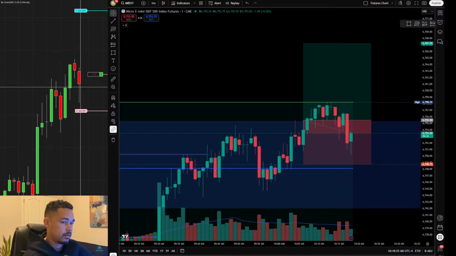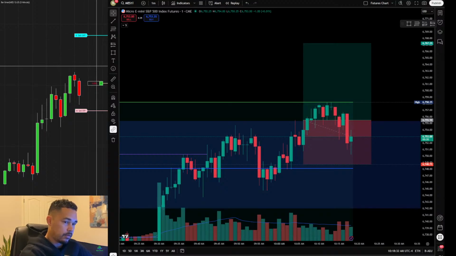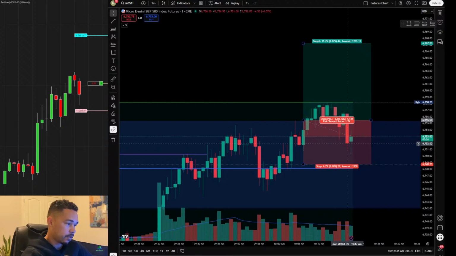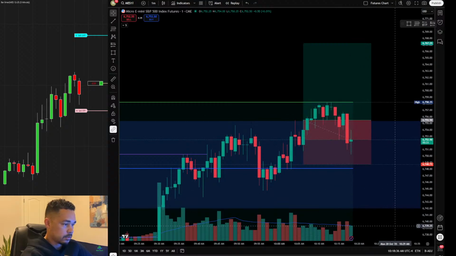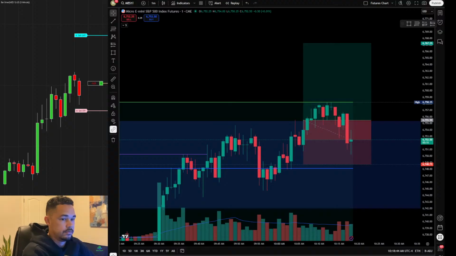if we can get a really good rejection off of this 5 minute candle, then it would give me some confidence knowing that we could continue to go up. But if this starts rejecting and turns bearish, then it possibly won't.